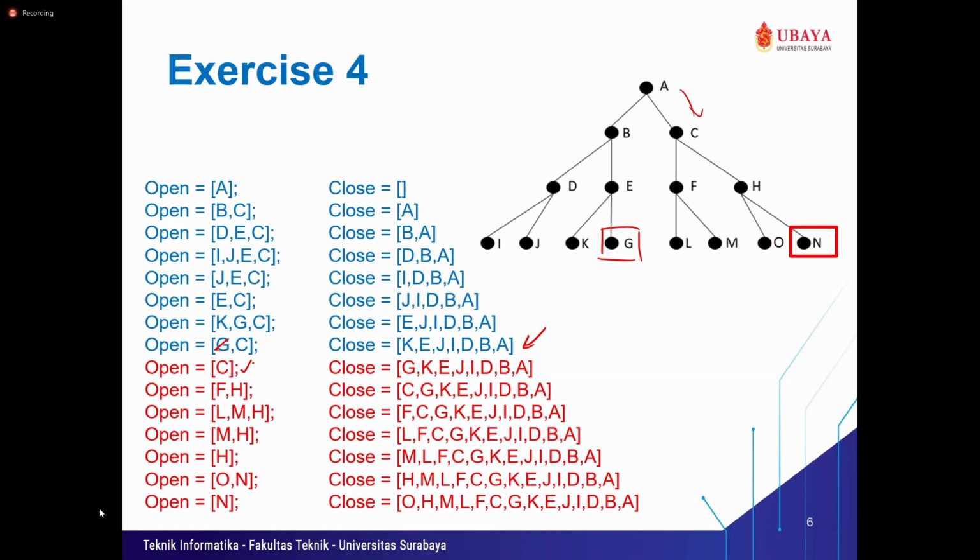So the only open list left is C. If you open C, you get F and H. If you open F, you get L and M, so L, M, H. Then L, open it, nothing happens. M, open it, nothing happens. H, open it, you get O and N. O, open it, nothing happened. N is the goal. Just like that.